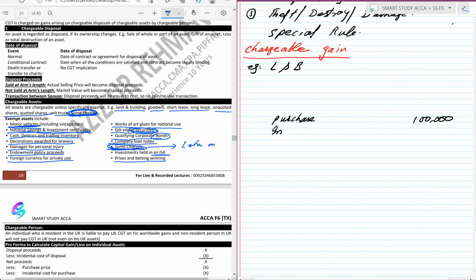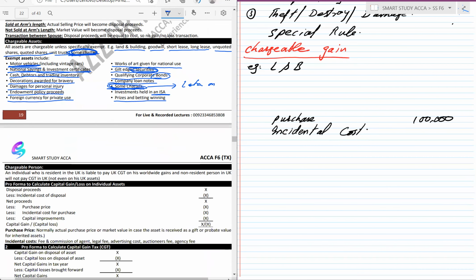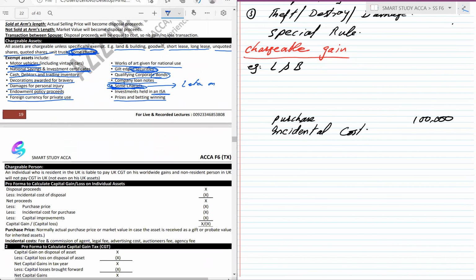Extra costs. Extra costs are called incidental costs. For example, a fee or commission paid to the property agent, any legal fee for legal documentation, maybe any advertising cost at the time of purchase of the property, maybe any auctioneer fee, maybe any agency fee.